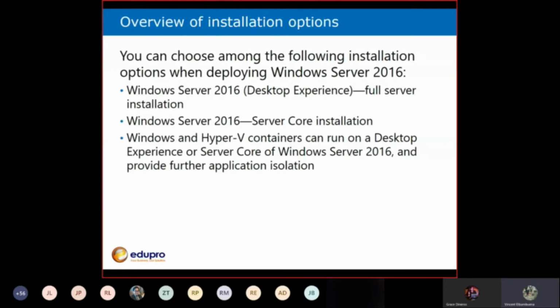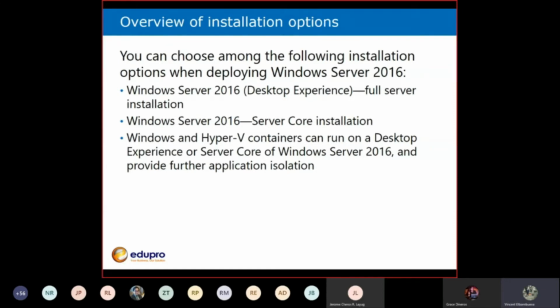First, we have Windows Server 2016 Desktop Experience, or the full server installation, and it includes a complete graphical management interface. This installation option supports all Windows Server roles. Dun sa mga naka-encounter nung pag-install ng previous version, let's say Windows Server 2012, the Windows Server plus the edition and with GUI, same lang siya with Desktop Experience.